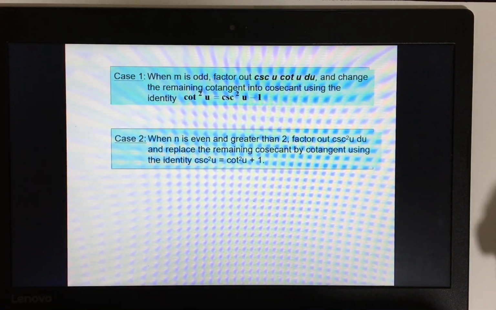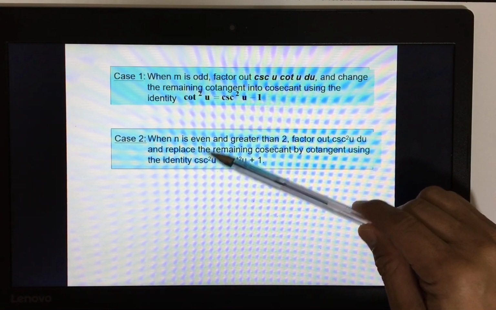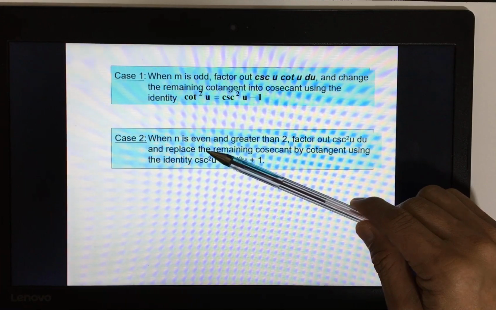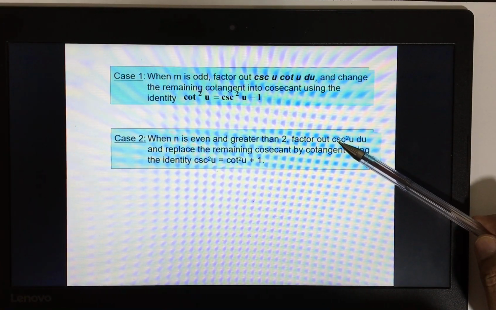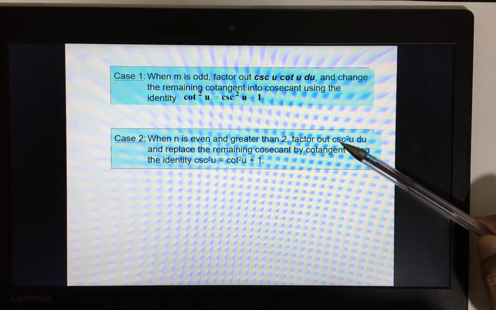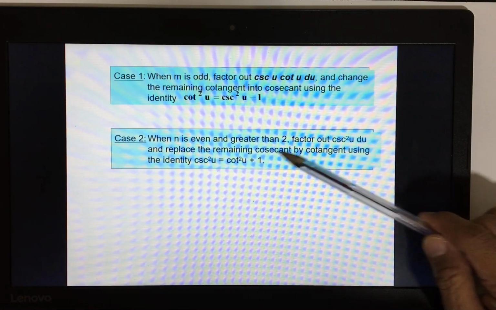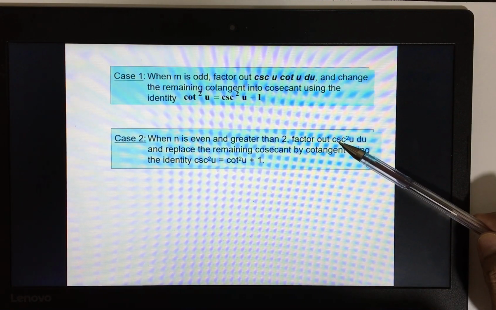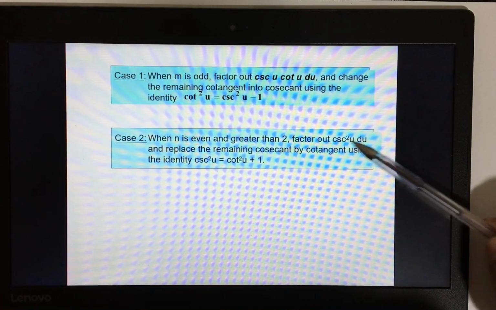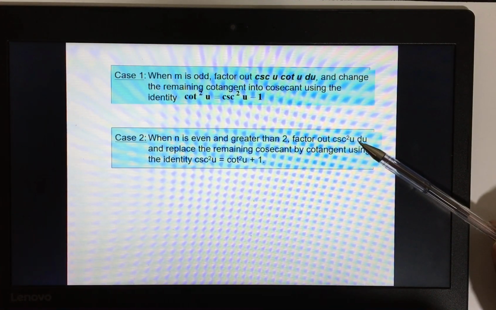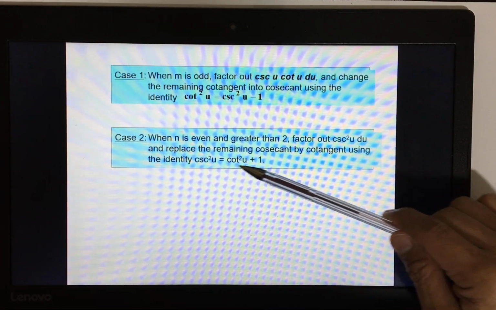So that's case 2. So if you compare this to group number 2, it's very similar, class, right? In group number 2, case 2, this is secant, so we have to factor secant squared u du. But here in group number 3, case 2, we have to factor cosecant squared u du out. Okay, and then we use this identity.